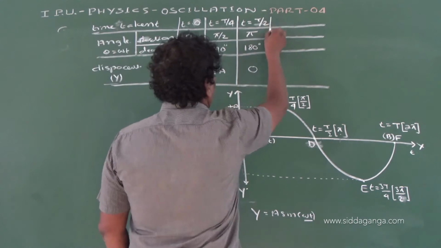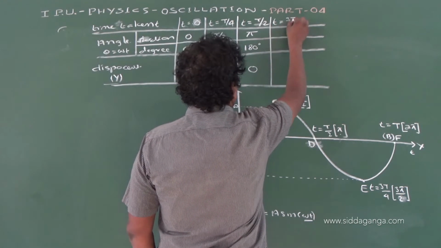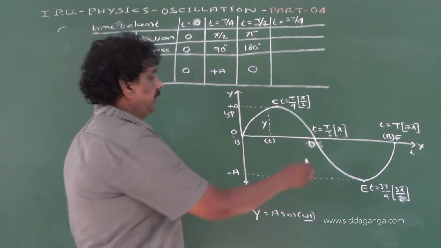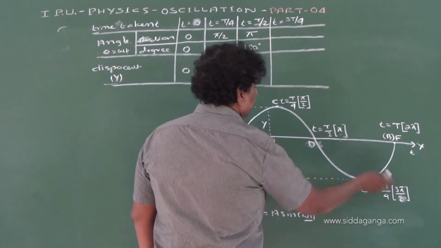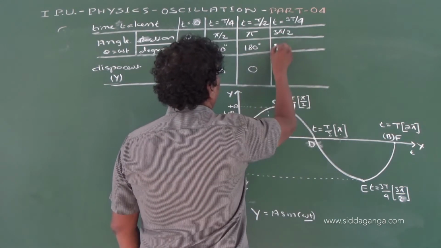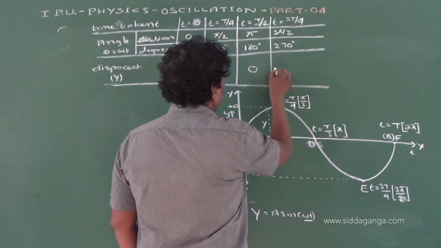Now when time t is equal to 3T by 4, here the angle covered is 3 pi by 2, that is 270 degrees.